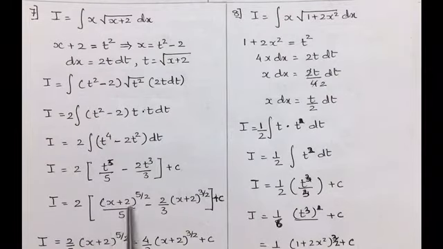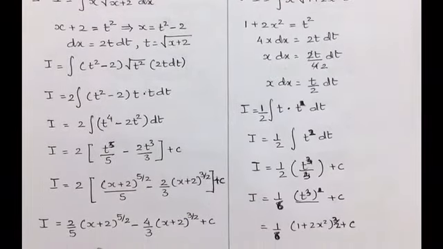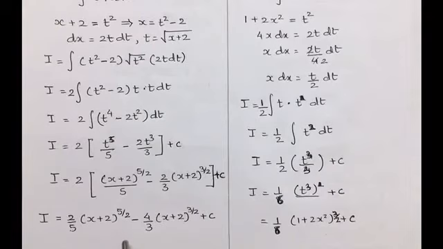So taking 2 inside and calculating it, we'll get I is equal to 2 by 5 x plus 2 raised to the power 5 by 2 minus 4 by 3 x plus 2 raised to the power 3 by 2 plus c.